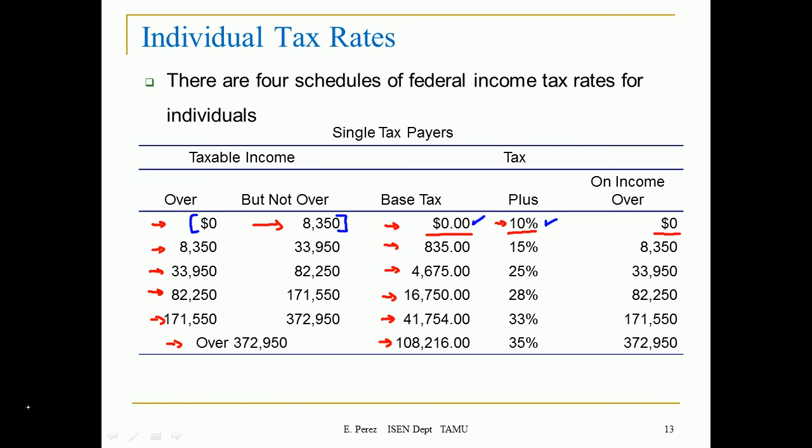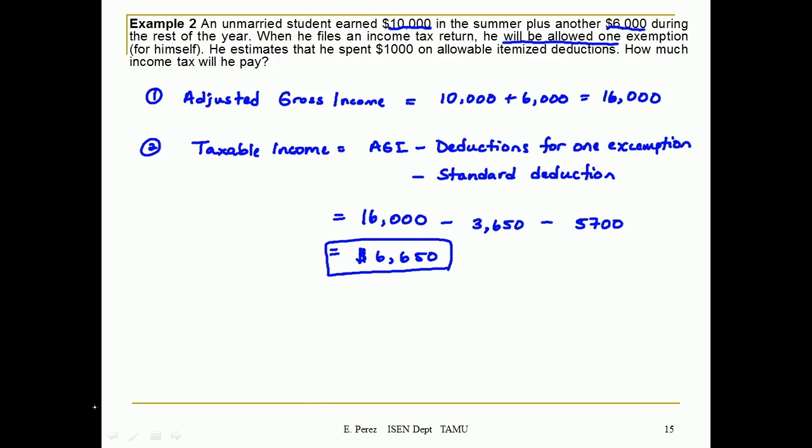So in this case, the federal income tax is going to be equal to 0 plus 10% of that amount of money, which is over $0.